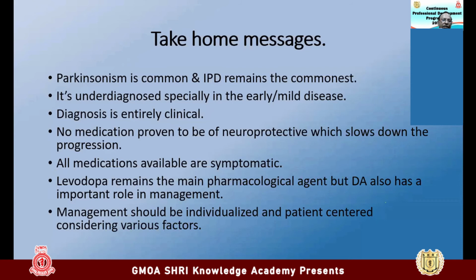Levodopa remains the main pharmacological agent, but dopamine agonists have an important role in management, especially at an early stage of the disease and in younger patients. The most important message I want to give is that management should be individualized and patient-centered, considering the various factors which I mentioned.